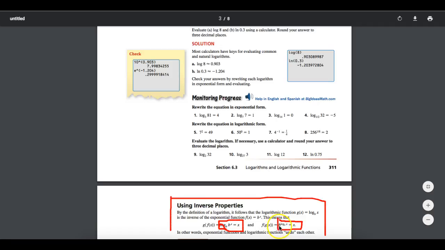Also, if we have a function that has the log as an exponent, and the base of the log is the same as the base of our exponent, we know that the log value is equal to our solution.